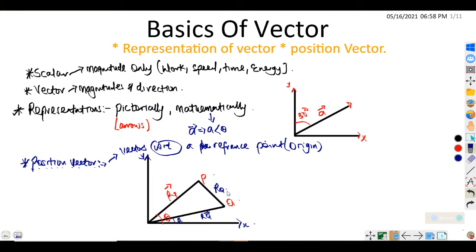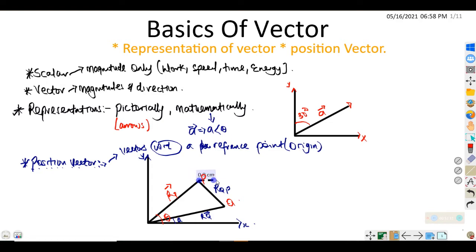RQP is the position vector of point Q to point P, and that one has a magnitude. You understand that? And the direction, like I told you, any position vector you want to show must always have its direction towards the positive x-axis. I hope students are following that. That is very, very important.